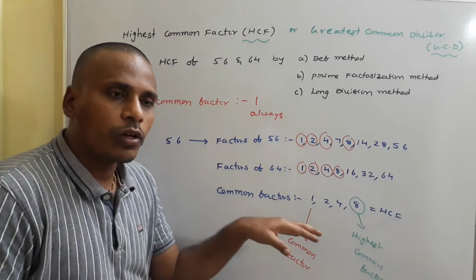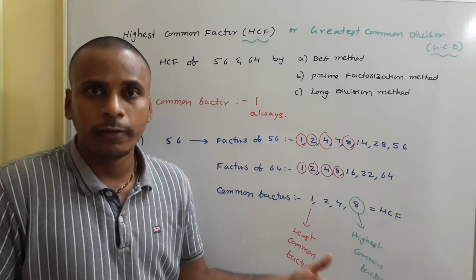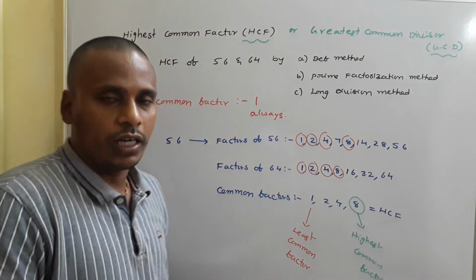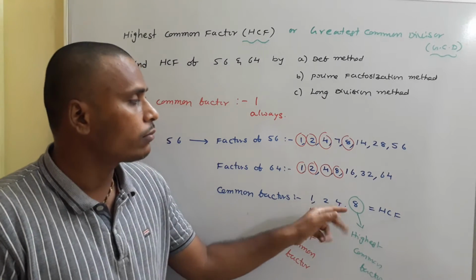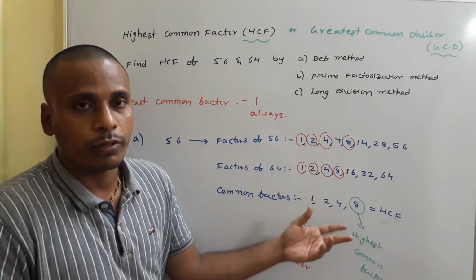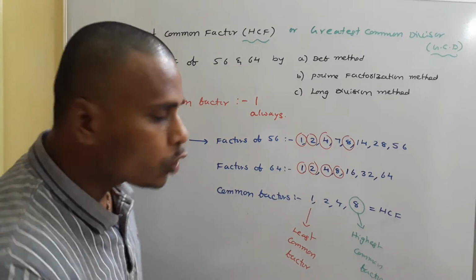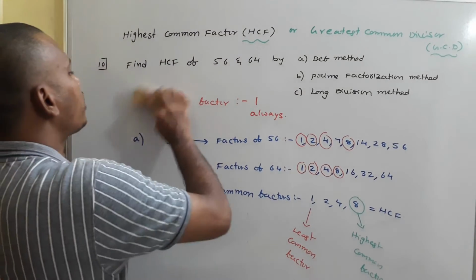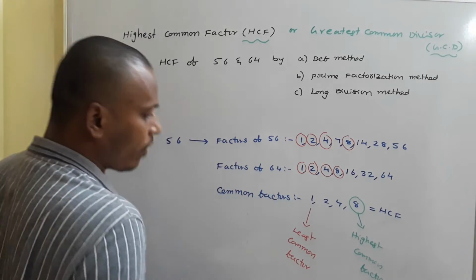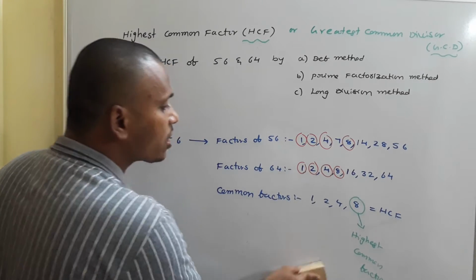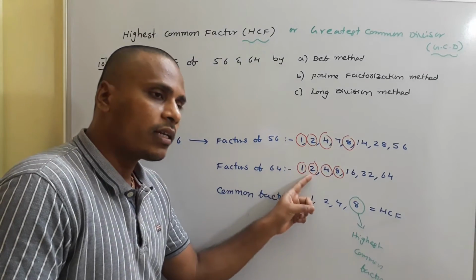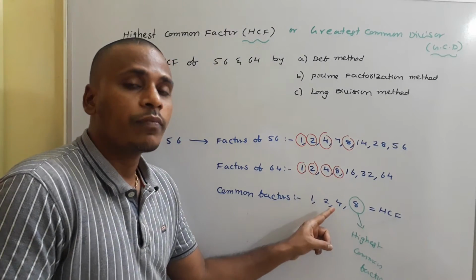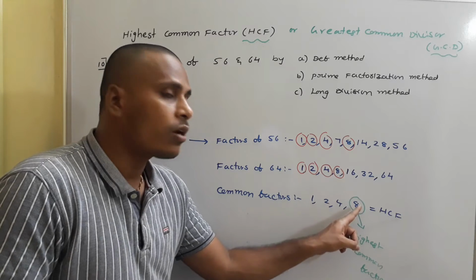Since it is always 1, there is no need to solve problems to find the least common factor. But the highest common factor differs from problem to problem and from one set of numbers to another, which is why we pay complete attention to the highest common factor. Finding the HCF using the definition method is by listing factors, identifying common factors, and picking out the highest one.